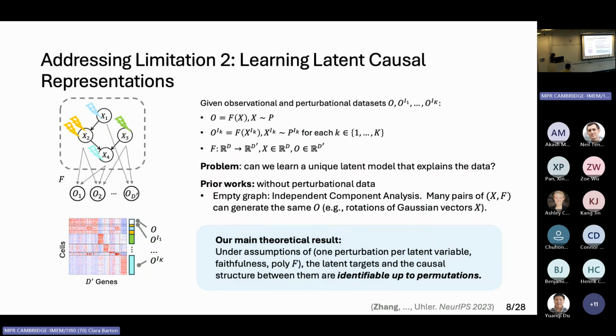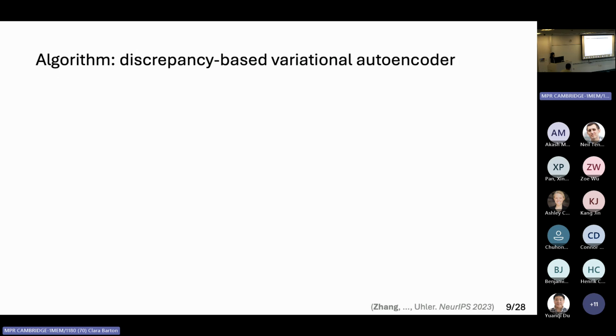I'm now going to move on to maybe simpler cases where I introduce the algorithm for how to learn the perturbation effects. So if I have lost you, you can maybe come back now. To develop an algorithm to learn causal representations and the effect of perturbations, we can look at it from the data perspective.